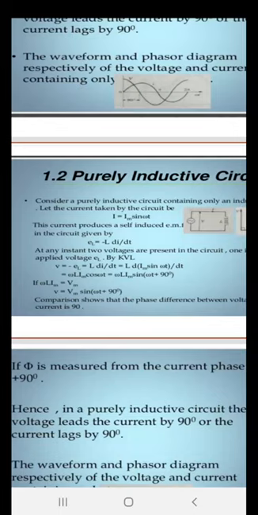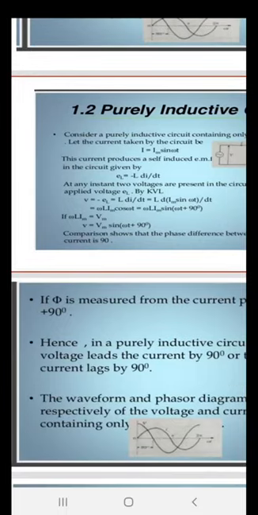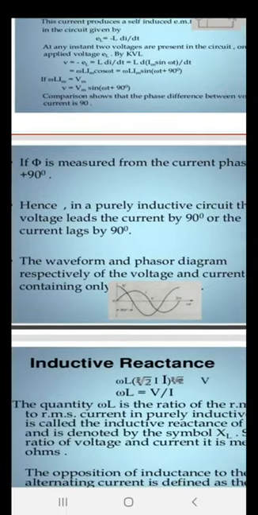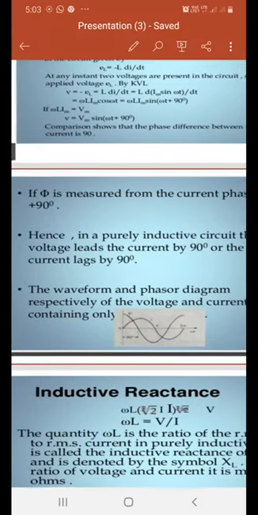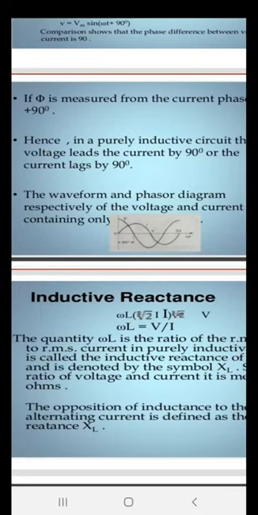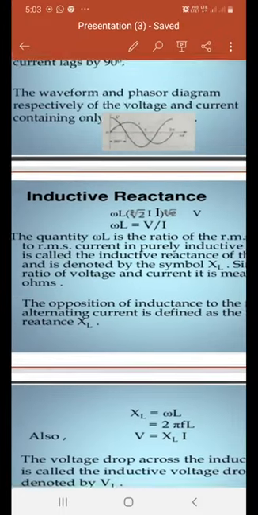Comparing, the phase difference between voltage and current is 90 degrees in the inductive circuit also. Voltage leads current by 90 degrees and current lags by 90 degrees, as shown in the waveform in the figure.